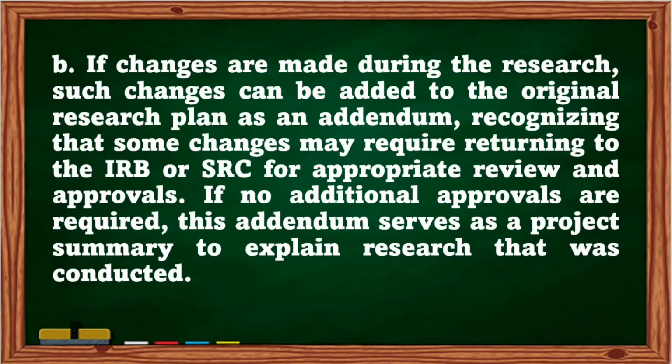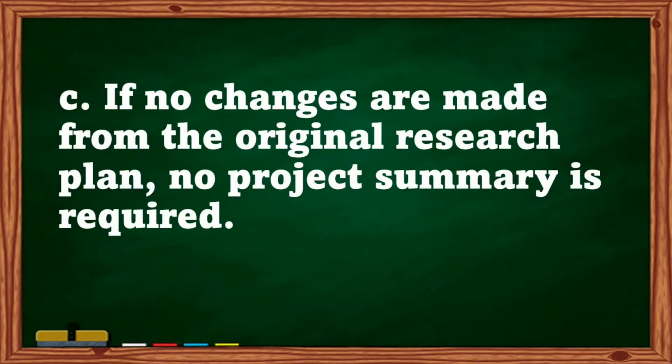If changes are made during the research, such changes can be added to the original research plan as an addendum, recognizing that some changes may require returning to the IRB or SRC for appropriate review and approvals. If no additional approvals are required, this addendum serves as a project summary to explain research that was conducted. If no changes are made from the original research plan, no project summary is required.